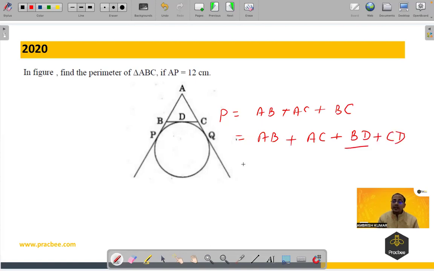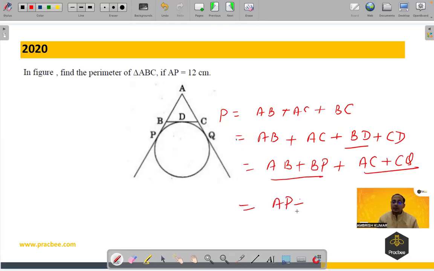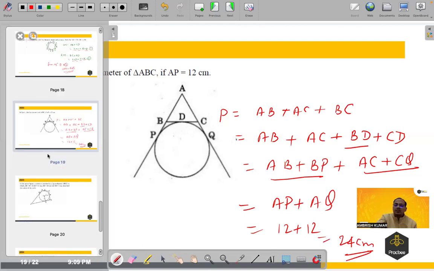Then BD can be written as BP and CD can be written as CQ, so AB plus BP is your AP, and AC plus CQ is AQ. Both AP and AQ are the lengths of tangents from an external point, so they are going to be equal: 12 plus 12, that is 24 centimeter is the perimeter, right? Again, this question was asked in 2020 and the question is quite easy, right?